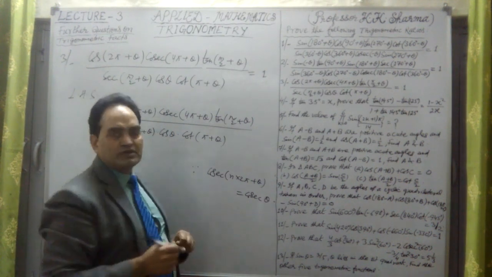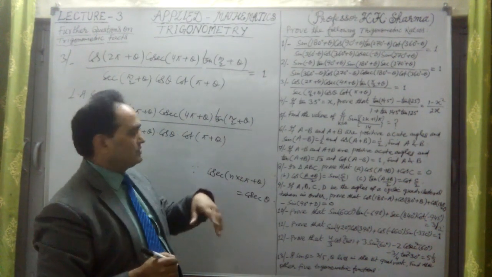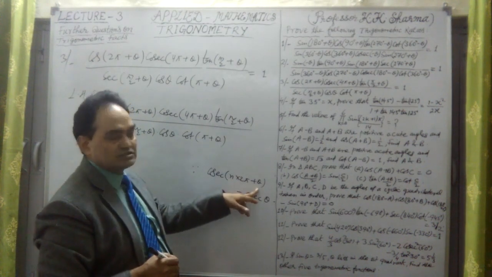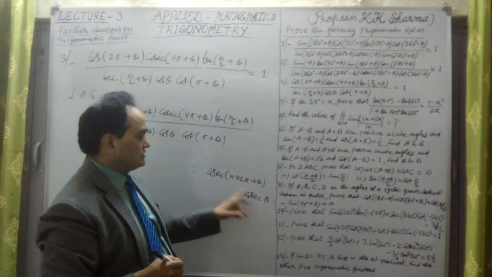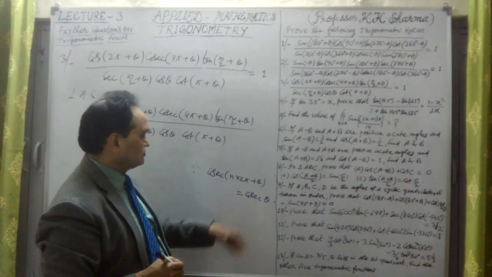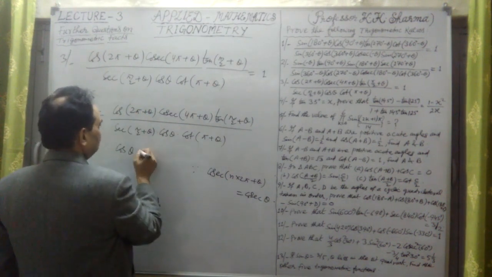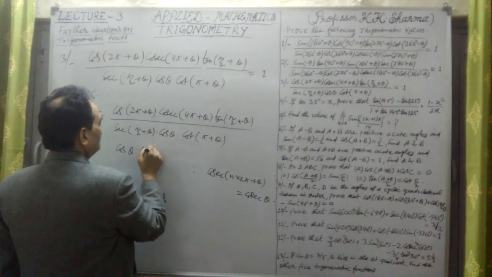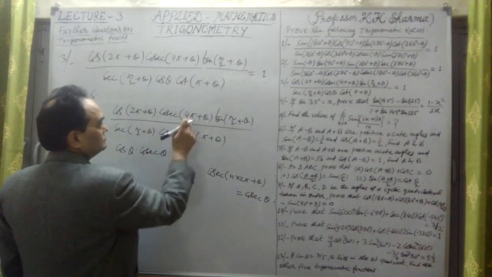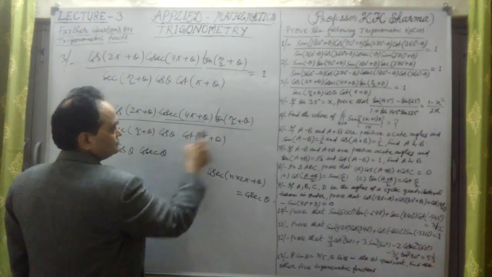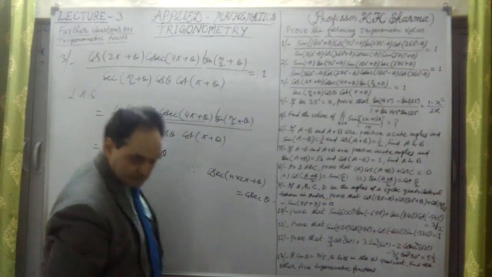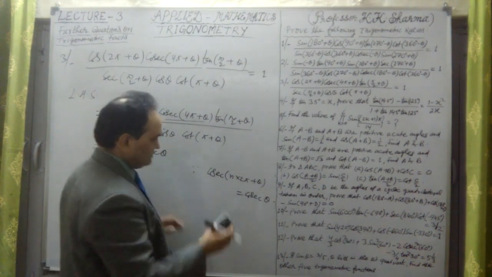Whatever multiple of 2 pi it is, it stays in the first quadrant with positive values. So this is cosec theta.